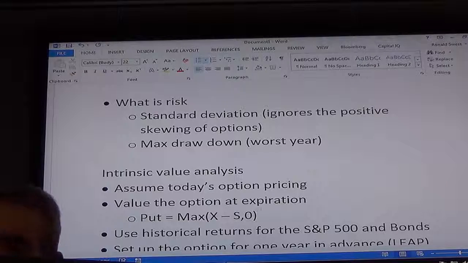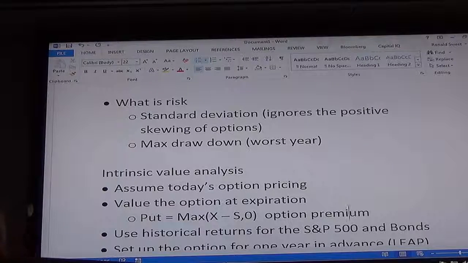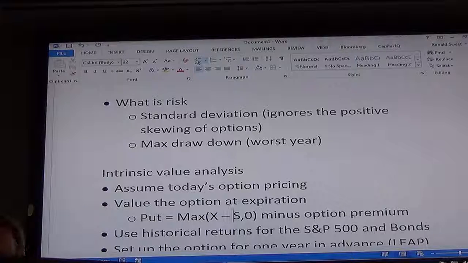You remember that? Oh, yeah. Minus the option premium. Hopefully y'all remember that from my investment class. So for a put, you take the strike minus the stock price. If that's a negative number, meaning the strike is less, then you don't execute and you just let it expire worthless, and all you lose is the option premium.